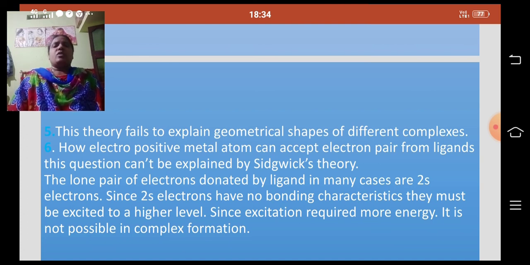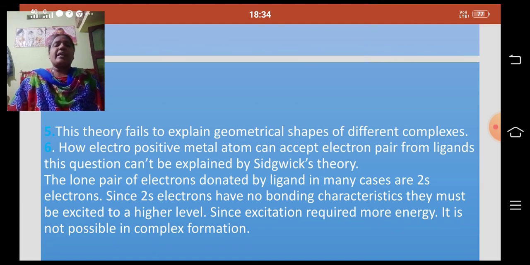Next, according to Sidgwick, the ligand must contain an electron pair. A ligand is an electron donor; according to Sidgwick, ligands are electron pair donors. So which type of electrons are donated?